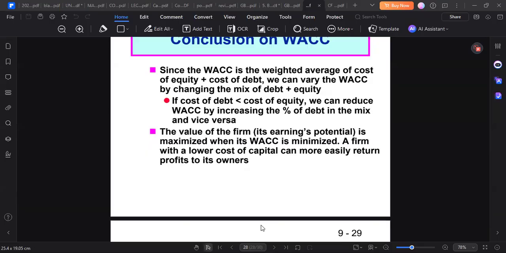So we need to be careful. Too much debt also increases the financial risk and may eventually raise the cost of equity and debt. So our goal here is to find an optimal structure or mix that will minimize WACC.